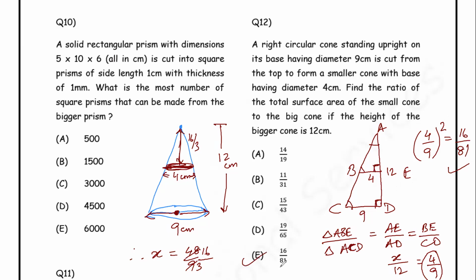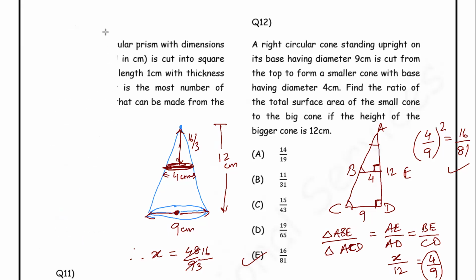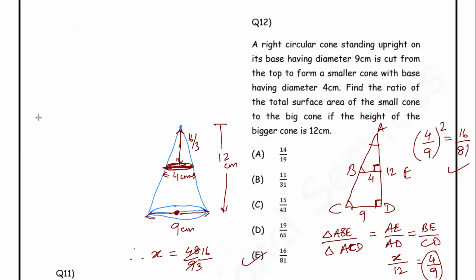But I want to sit down and calculate the actual answer. So what I'm going to do is use 16 by 3 as my height. I'll just use this little portion out here to do the math. So let's take the total surface area, that is pi R L plus pi R square.